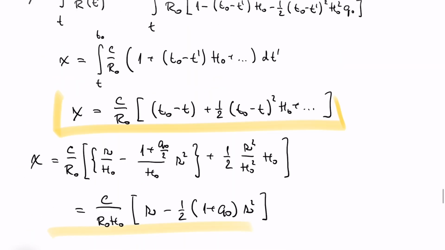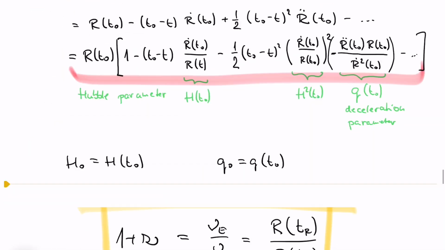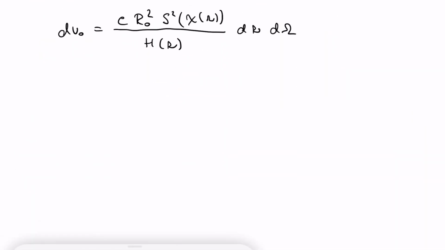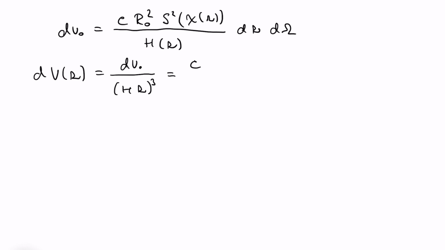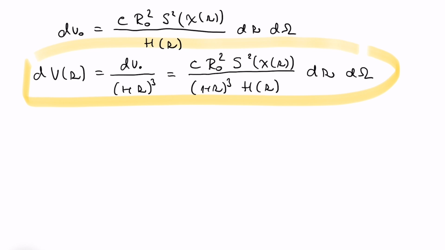Now we had this relation for the redshift. And so R at any time or any redshift can be expressed as R0 over 1 plus z. So we can use it for the volume. Now this is practically useful, to have the volume as the function of z.